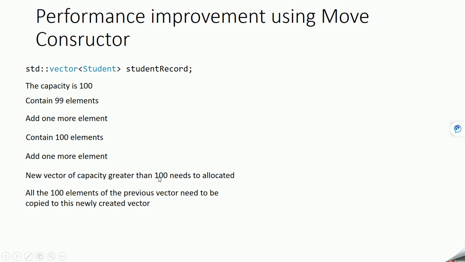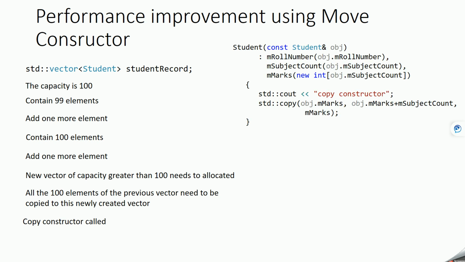When this copy happens from the previous vector to the newly created vector, for each of the 100 elements a copy constructor will get called. In the copy constructor, as we know, extra memory allocation will be happening. So for 100 elements that copying operation will happen 100 times, and extra memory will be allocated.